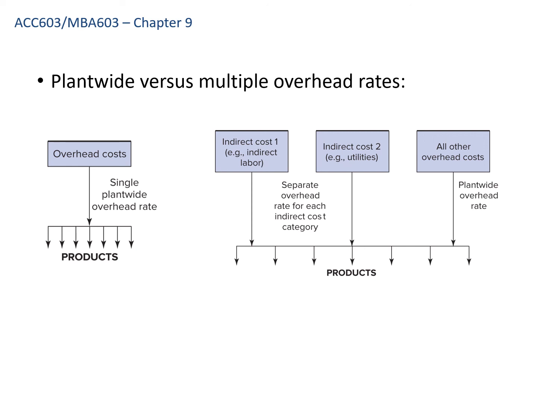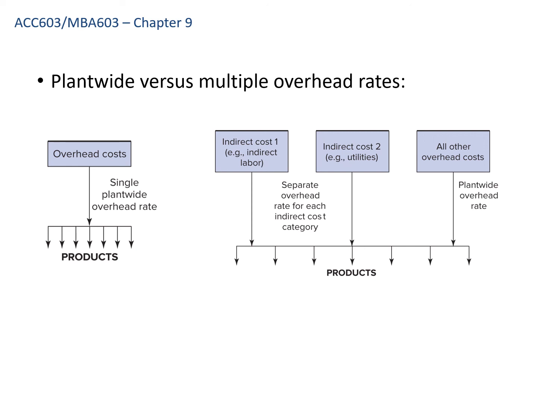A better way of doing it is to come up with pools of different kinds of costs that are triggered in different ways. So in the example here, I have a pool of estimated overhead costs that's related to labor. So maybe I base that on labor hours. I have another separate portion of factory overhead that's related to utilities. Maybe that is more triggered by machine hours because I have energy consuming machines that make the products.